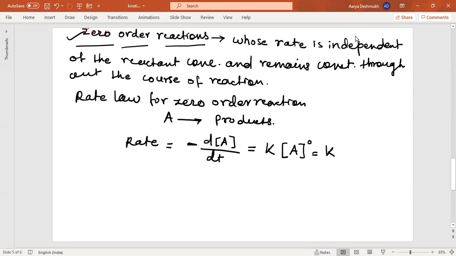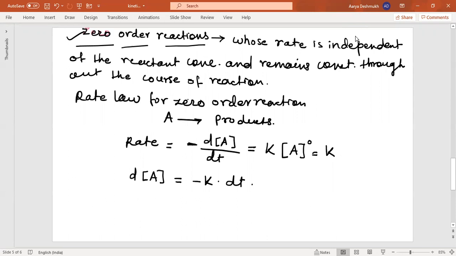Okay. Now this equation can be rearranged this way: d[A] equals minus K into dt. Here we are differentiating. To remove this differentiation, we can integrate. This is the mathematical concept you know.